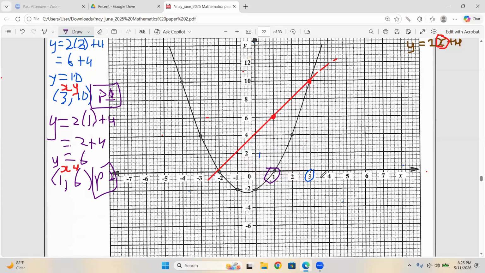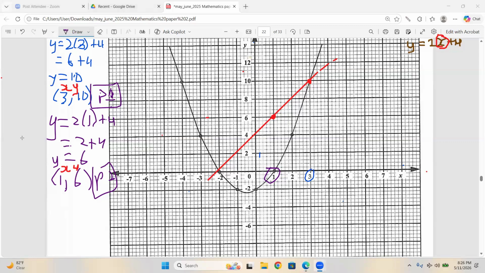With simultaneous equations usually. So based on what they want us to do here, we need to find the 2 points of intersection where the two graphs intersect. That will be the solutions.